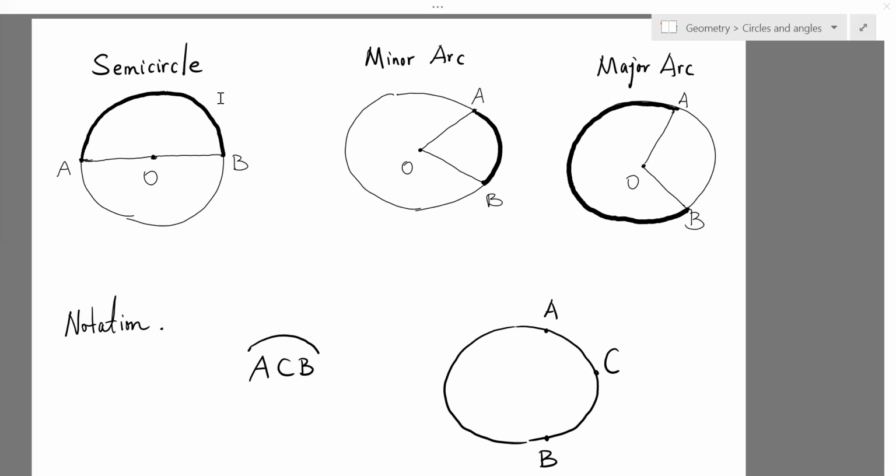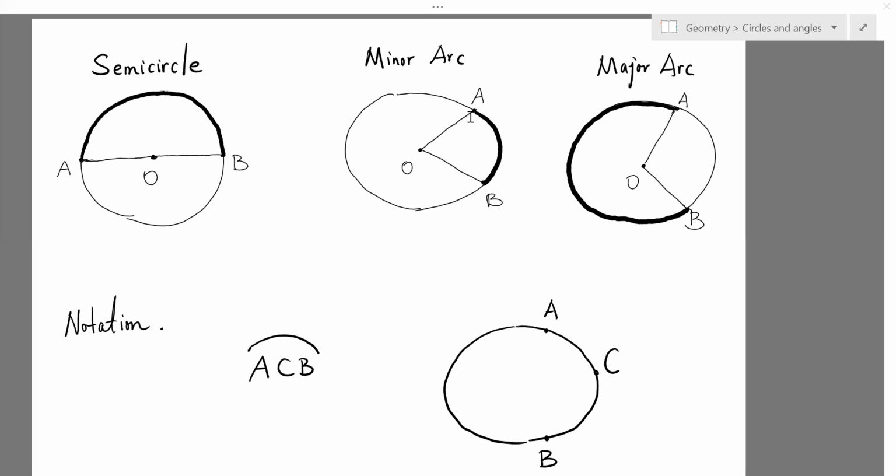On the other hand, a minor arc is the part of the circle which is contained in the interior of a central angle.